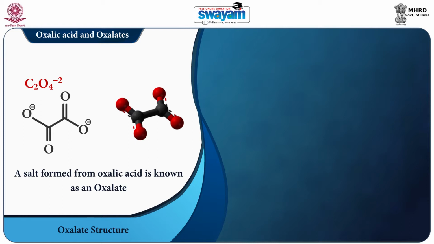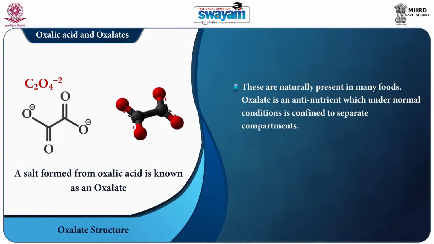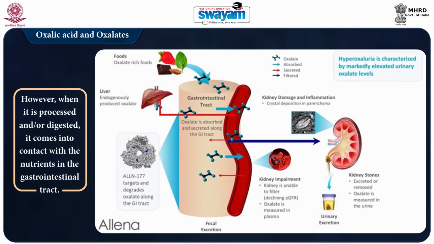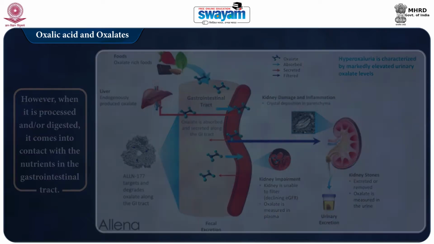Now, let us move to the next anti-nutrient, that is oxalic acid and oxalates. A salt formed from oxalic acid is known as oxalate. These are naturally present in many foods. Oxalate is regarded as an anti-nutrient which under normal conditions is confined to separate compartments. However, when it is processed and/or digested, it comes into contact with the nutrients in the gastrointestinal tract.